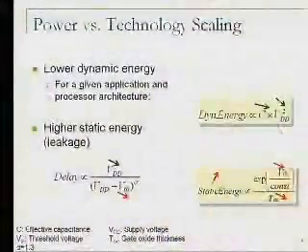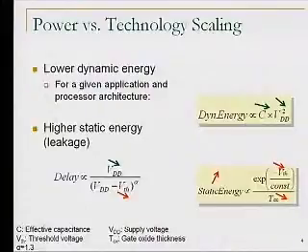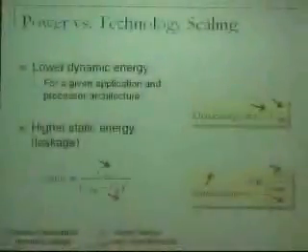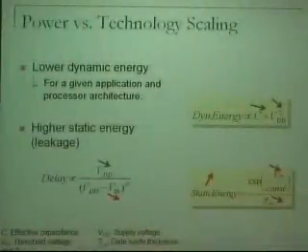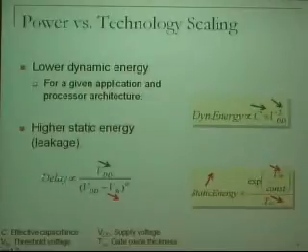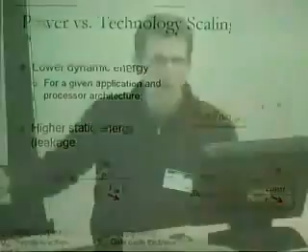And as you see here, there is a quadratic relation between dynamic energy and supply voltage, and also capacitance is here, so dynamic energy is effectively reduced. But the bad thing is that there is this relation between delay and VDD. When you reduce VDD, as I said, in order to keep the delay as before, you have to also reduce VTH. VTH is threshold voltage. This is one of those knobs that I said.